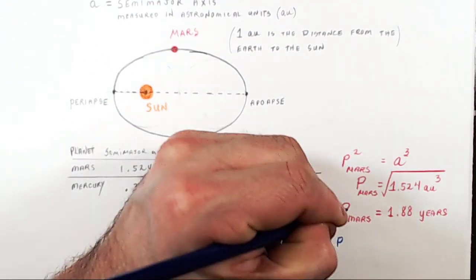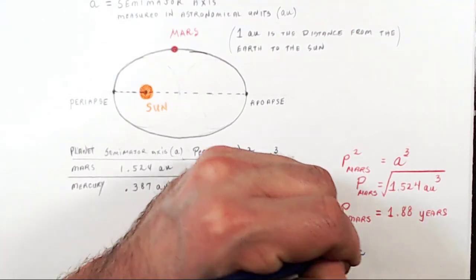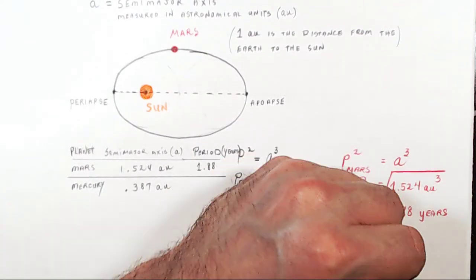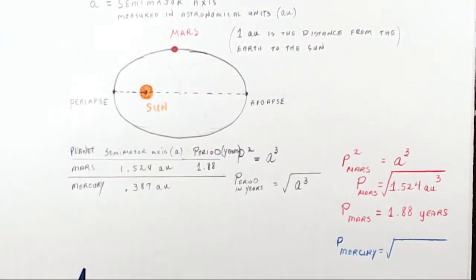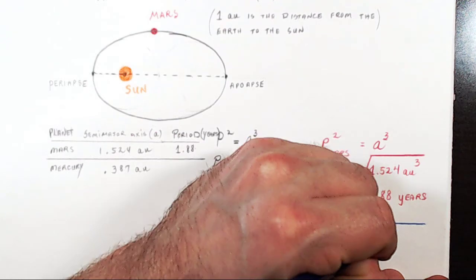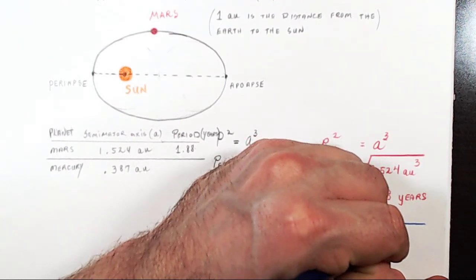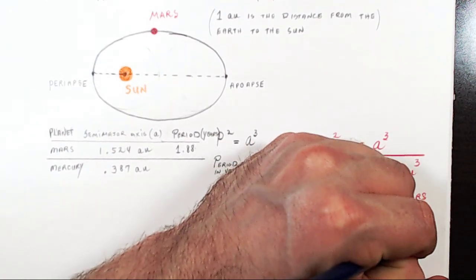The period for Mercury would be equal to the square root of the cube of the semi-major axis for Mercury. So that would be 0.387 AU cubed.